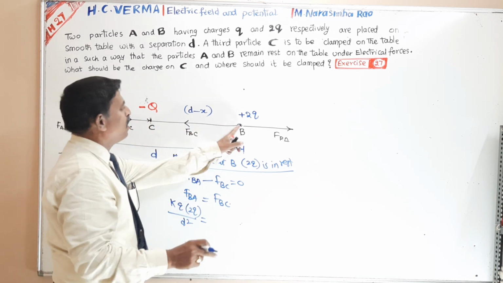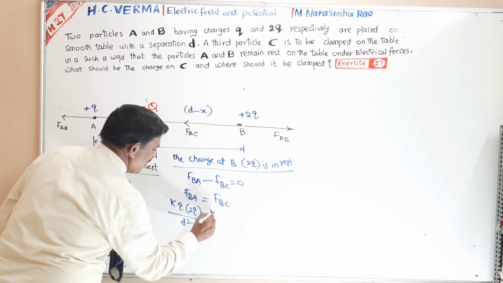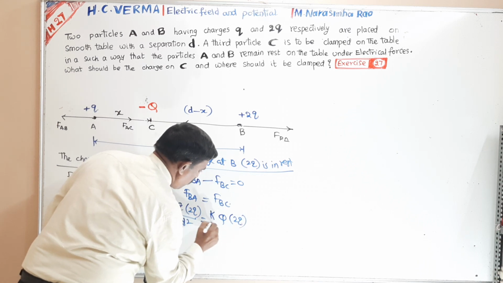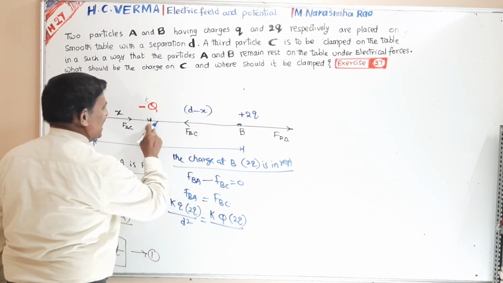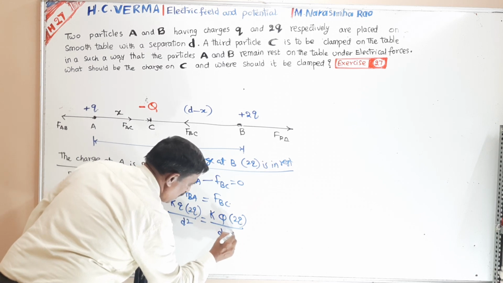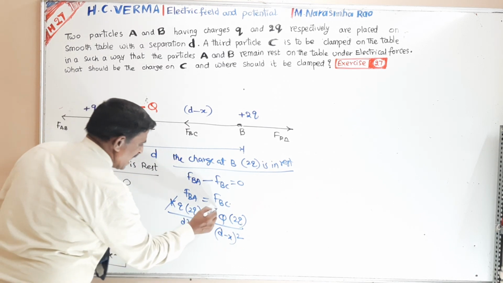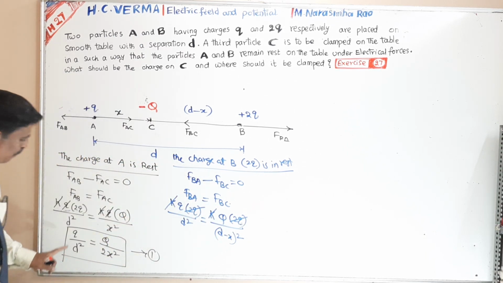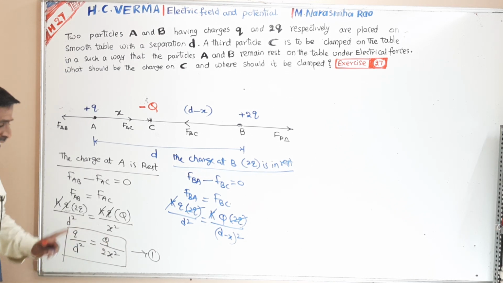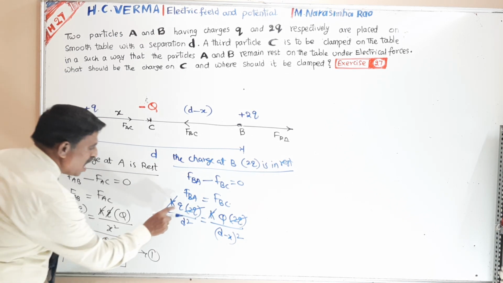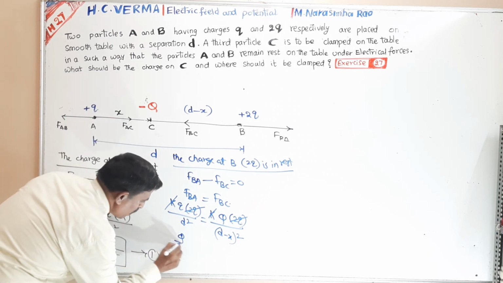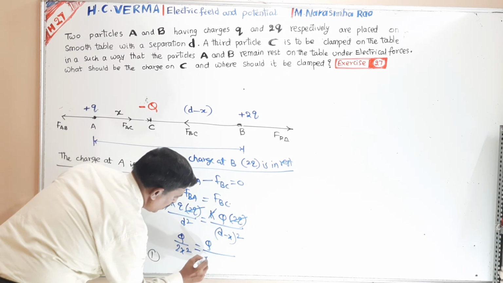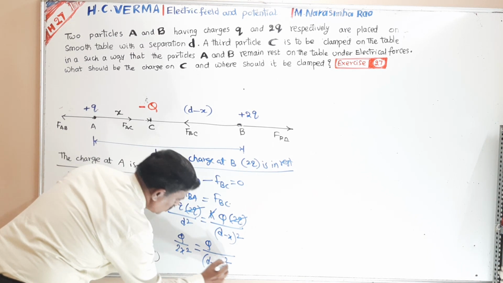Force between B and C is K into Q into 2Q by the distance between B and C, D minus X square. K cancelled, 2Q cancelled. Q by D square means Q by 2x square. So Q by 2x square is equal to Q by D minus X whole square.